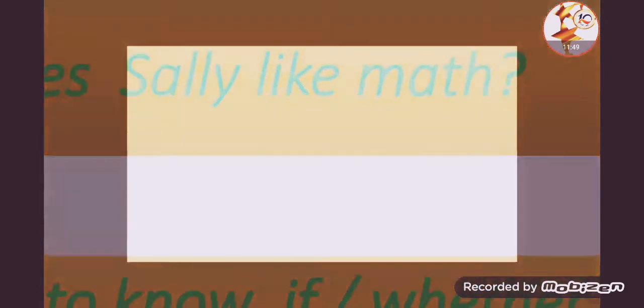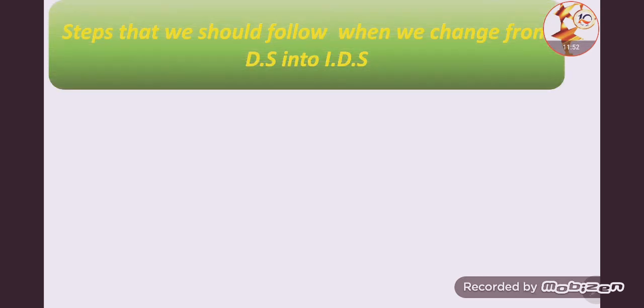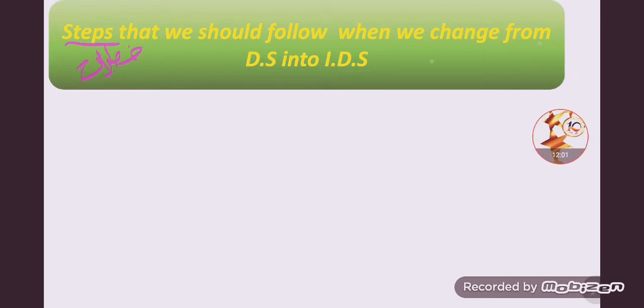Let's see what kind of changes do we have here. Steps that we should follow. لما بقول لك steps يعني خطوات أنا لازم أتبعها when we change from direct speech، هذا اختصار direct speech، into indirect speech لما بحول ال indirect speech هذا اختصاره، أو بقول له reported speech. وأنا ذكرت قبل I mentioned before that it has two names, either direct indirect speech or reported speech. تمام.